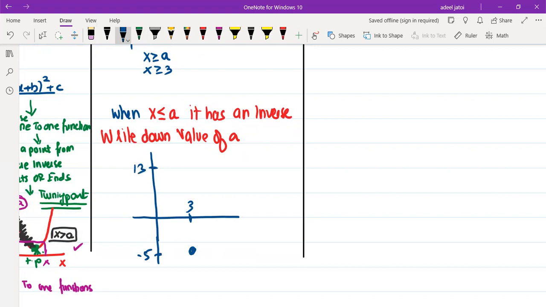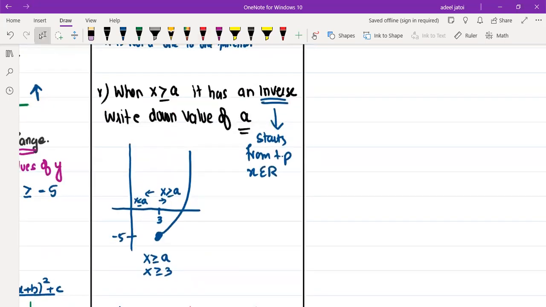This was 13. So the graph will only be drawn up to this point, x less than or equal to a. So at this point as well, your a will become 3, but the inequality has changed because x is less than or equal to 3. That means the left hand side from the turning point, because your graph is a U-shaped curve. Whereas for x greater than or equal to a, it will be a right hand side curve because of the turning point required in the question.